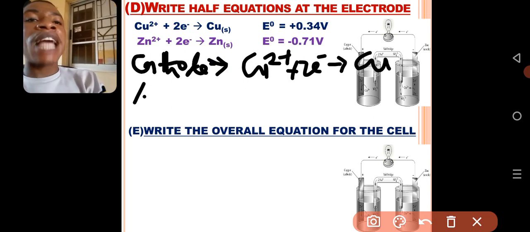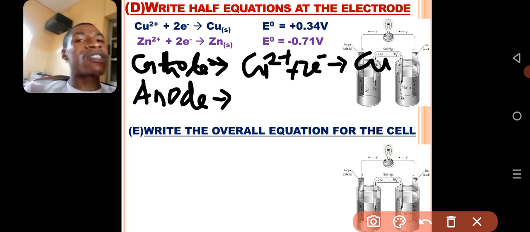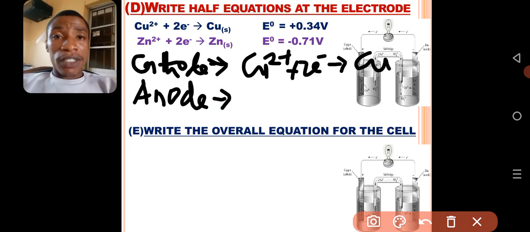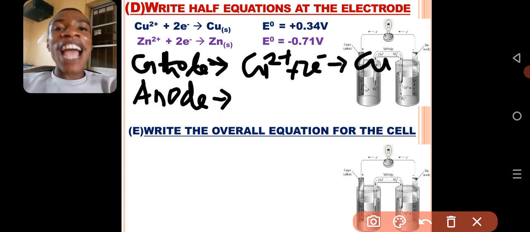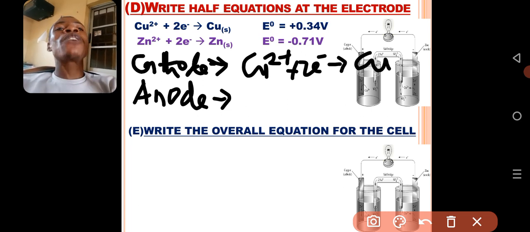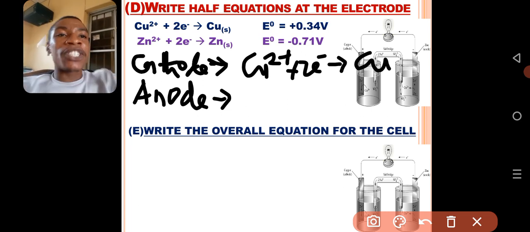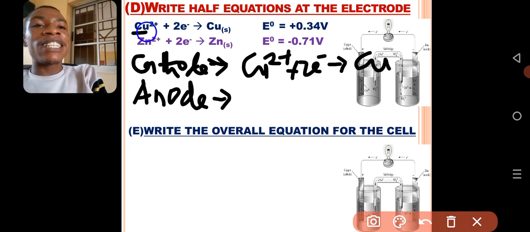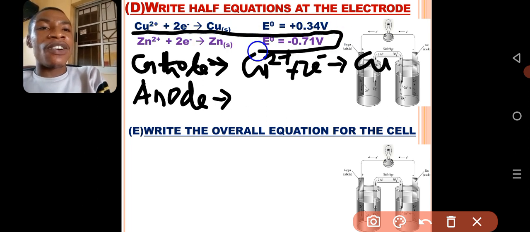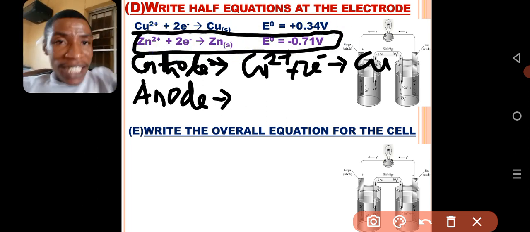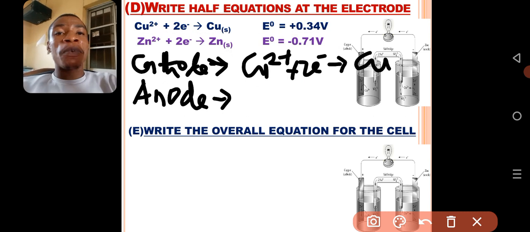However, for the anode, because we know that what happens at the anode is not reduction. Anode is a site of oxidation. So what we just need to do is to reverse the equation. What we have for the zinc anode presently is reduction. So just change the position of the product and reactant.